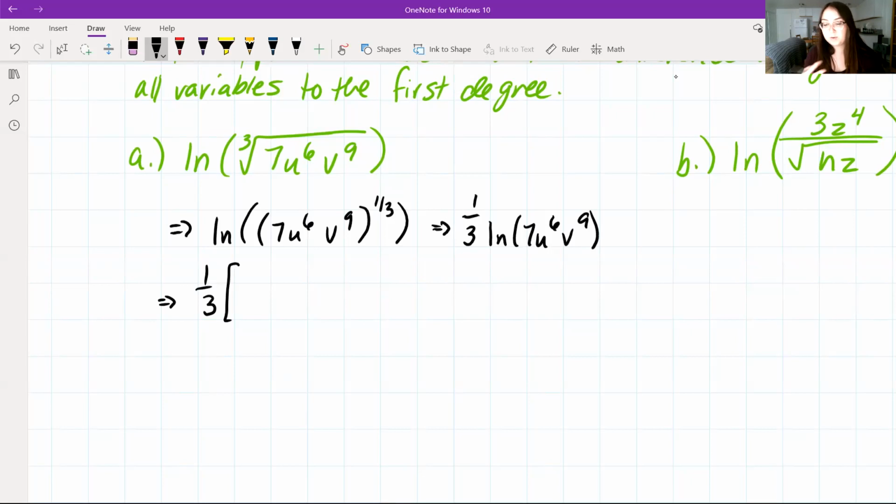We're going to separate these terms. Let's start by doing the natural log of 7u to the 6th power. So we'll say natural log of 7 times u to the 6th power, and then plus the natural log of v to the 9th power.